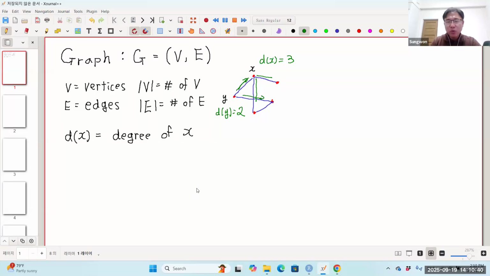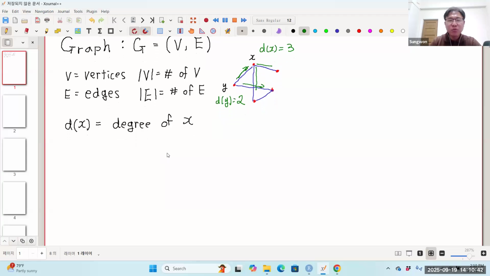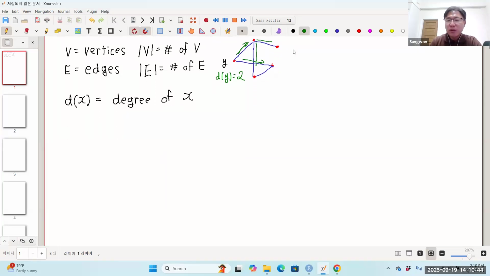And also one more background is the types of graph. There are many types of graph, but I will talk about a few of them.